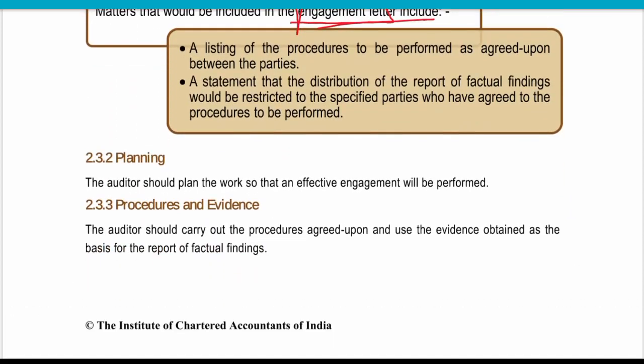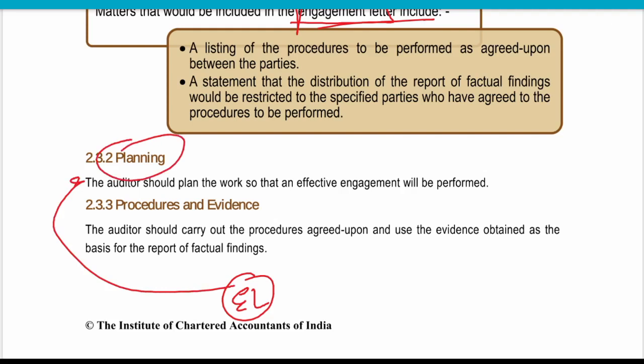Now, after issuing the engagement letter, what do you do? Okay, the engagement letter is issued and you have accepted the particular engagement, then what will you do? Then you will do the planning of that particular agreed upon procedures. After planning, you will start with the procedures and start getting the evidences.